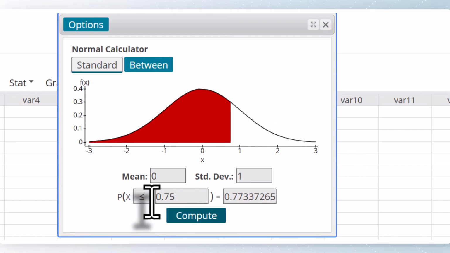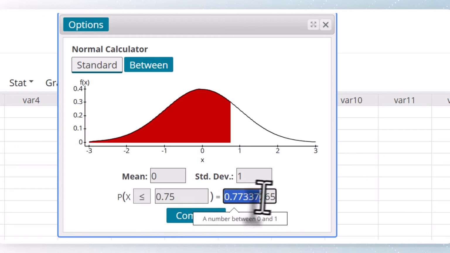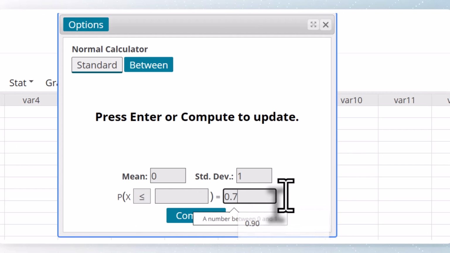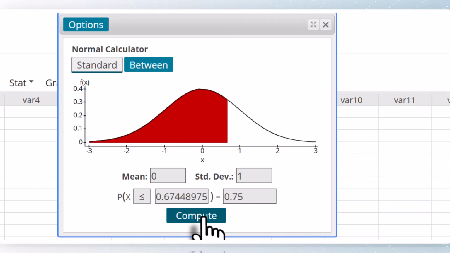Let's say he asks you to find the 75th percentile. When he gives you the percentile, that means he's giving you the probability, he's giving you the area to the left, which is 0.75. So what you do in this case, you just go here and put 0.75, and you're going to get the z-score. The z-score is 0.67.